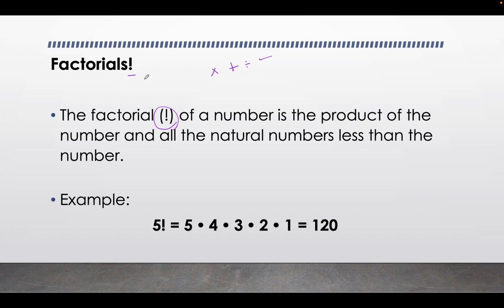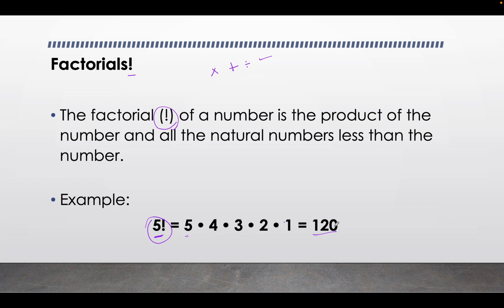You see this in math. This doesn't just mean that someone is really excited about the number 5. What it means is the product of that number and all of the natural numbers less than that number. So 5 factorial is how you would read this, which is equal to 5 times 4 times 3 times 2 times 1, which is 120.